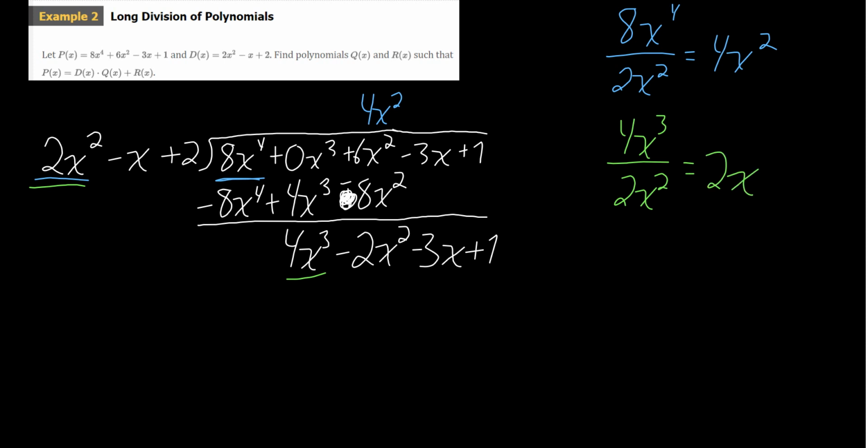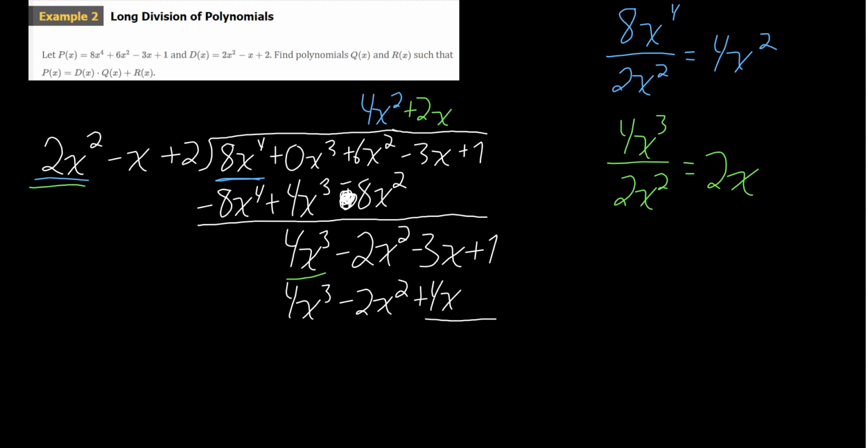We're going to put a plus 2x there, and then proceed with the multiplication. 2x times 2x squared gives a 4x cubed, and again, that's what I'm wanting there. Then I have a negative 2x squared. Well, that's nice and convenient. And then a plus 4x.